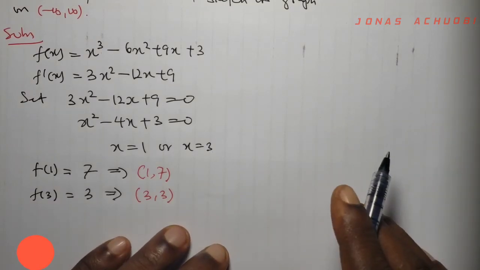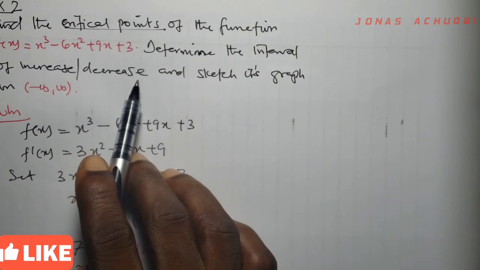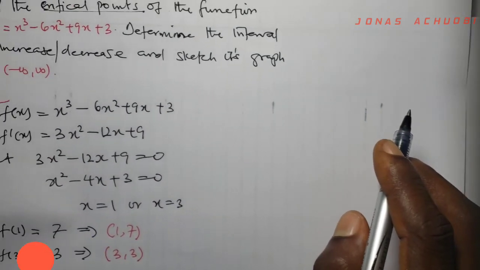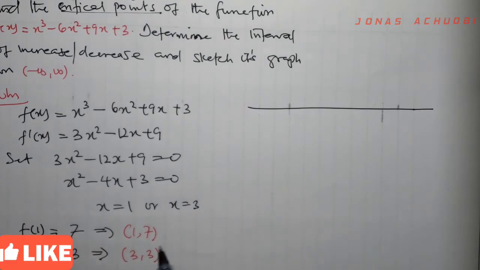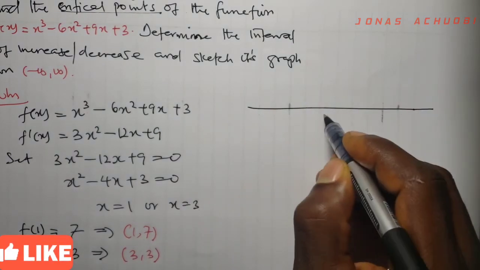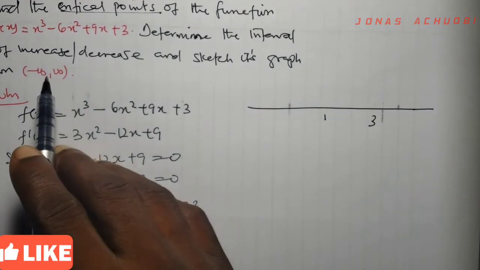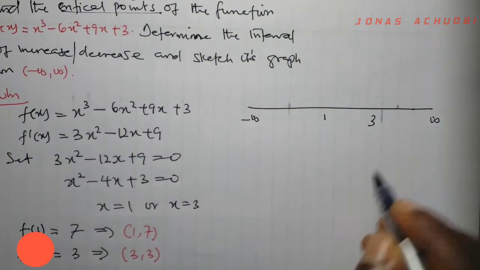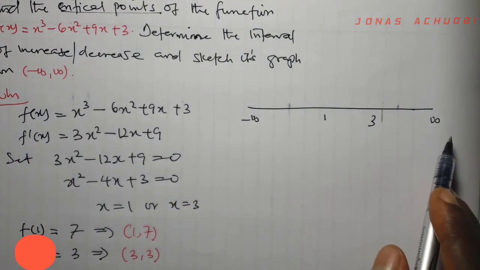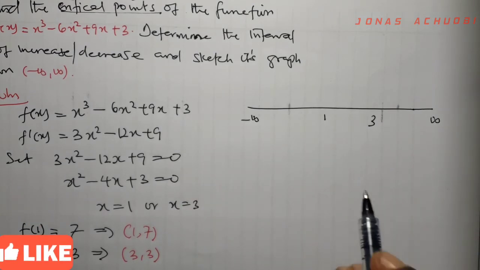Next, we want to investigate the interval of increase/decrease of the function. So we have our x-axis this way. We have two critical numbers here. The first is x equal to 1, and the second is x equal to 3. And our domain is minus infinity to infinity. This now divides or partitions our domain into 3 sub-intervals.